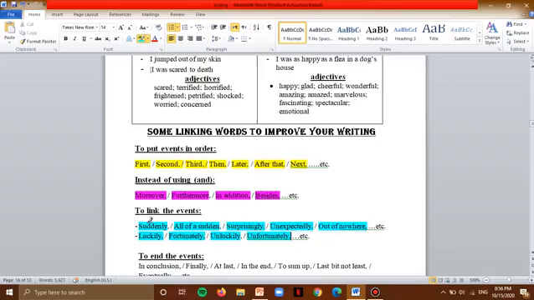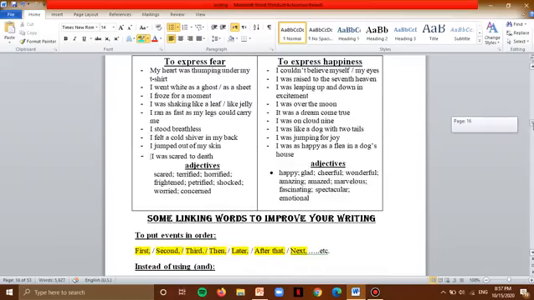Okay, and to link the events themselves, to make the events more interesting to the reader, I can add words like suddenly, surprisingly, out of nowhere, and then we can say luckily, this happened, unfortunately, this happened, or fortunately, this happened. So these are all linking words to improve my writing, to make it better. This is, like we said, in the middle or in the body, where I'm describing the events or describing the problem that my characters are facing.